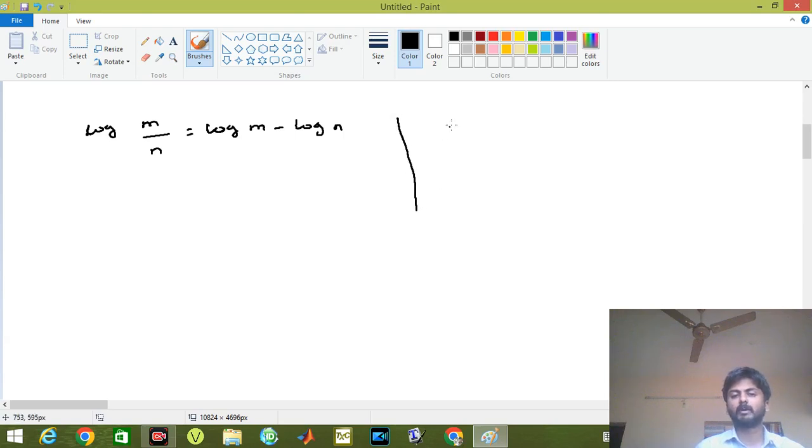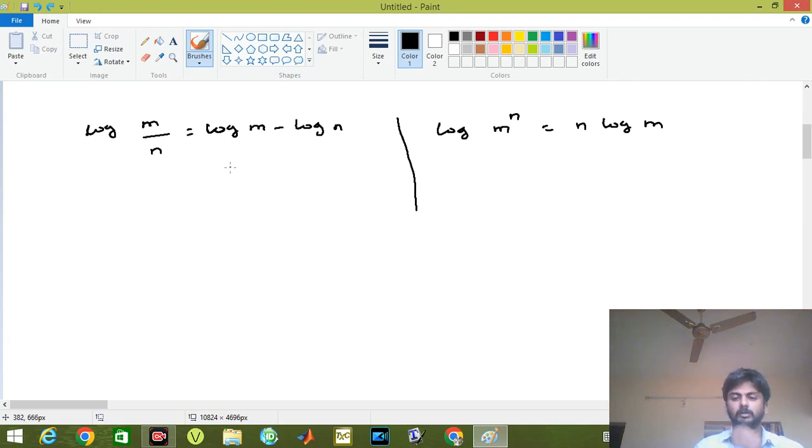The second formula I am going to take is log m power n equals n log m. So here the base may be either 10 or e. We are not going to mind the base; it may be 10 or the exponential form.